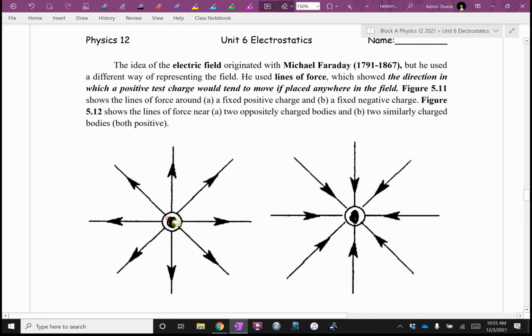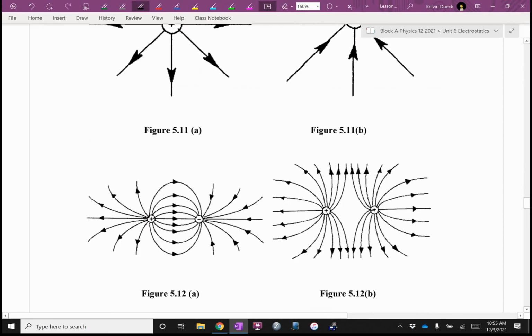Or I'll give you a picture like this, and I'll say which one's positive, which one's negative, and how do you know? That would be a nice multiple choice question. Positive, positive, positive, negative, negative, negative, negative, positive. In fact, I just told you the four answers I'd probably have you pick from. Problem solved. Okay?